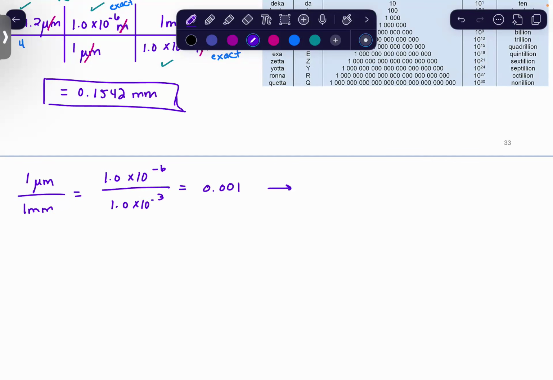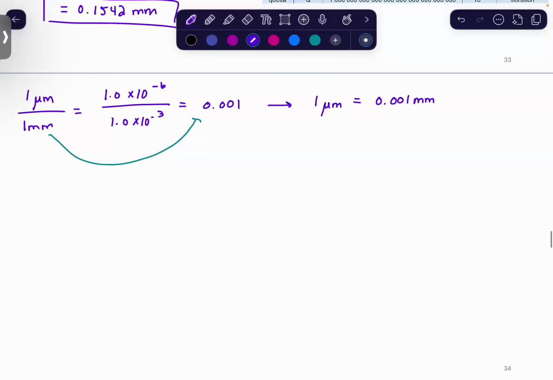And what this is going to mean is then I can multiply through by the 1 millimeter, and I'll get 1 micrometer is 0.001 millimeter. Now I can use that as a conversion factor, and I could just start with saying, well, 154.2 micrometers.